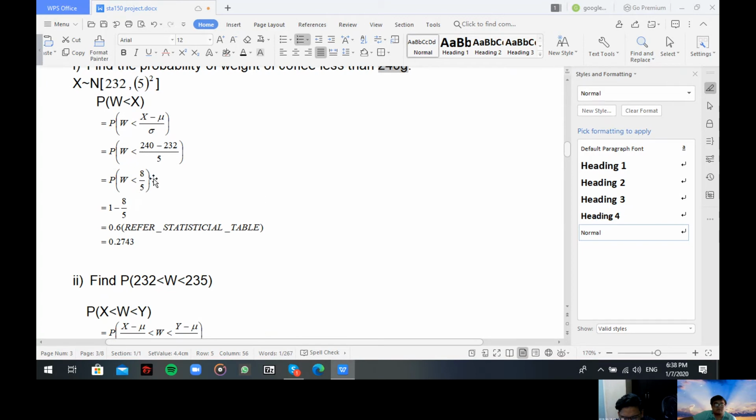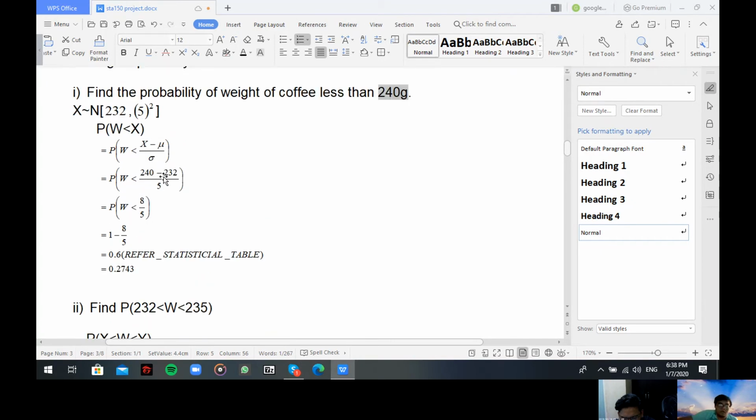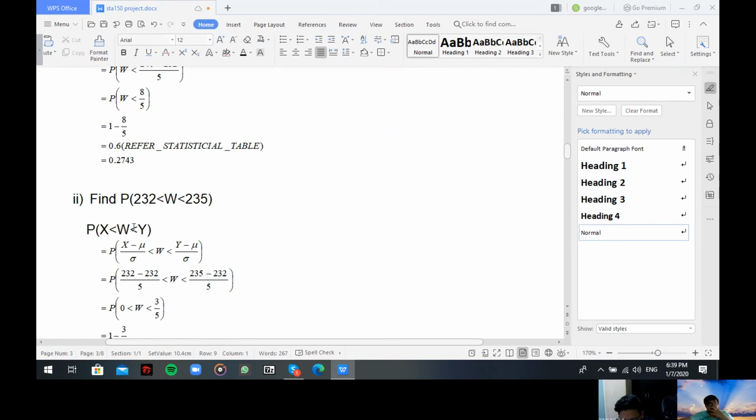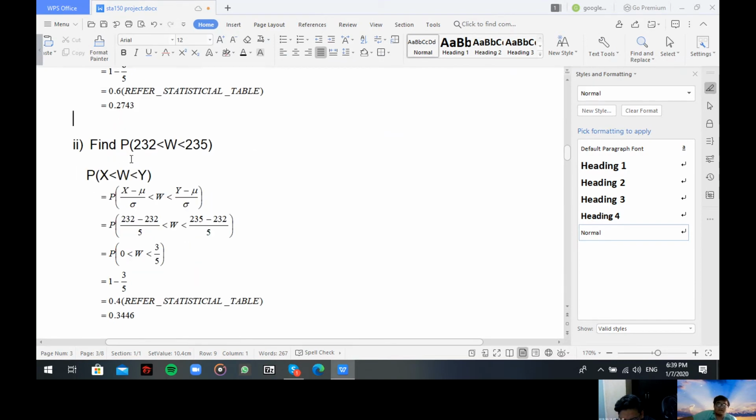Because it is less than, you need to do 1 minus, and then you will get 0.6, and referring to the statistician's tables, you will get 0.2743.